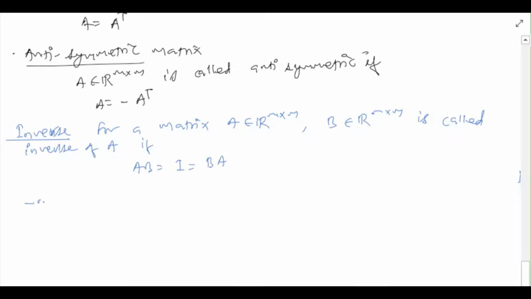Not every matrix possesses an inverse. If a matrix has inverse, it's called invertible matrix, sometimes also called non-singular matrix. Otherwise, it is called non-invertible or singular matrix.